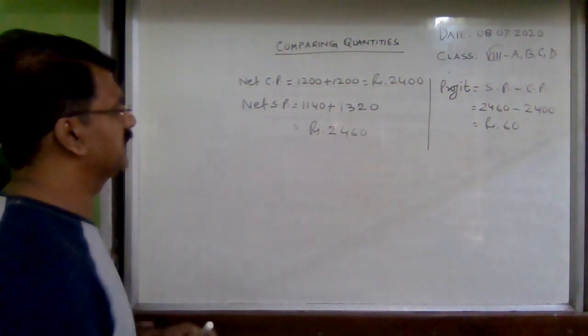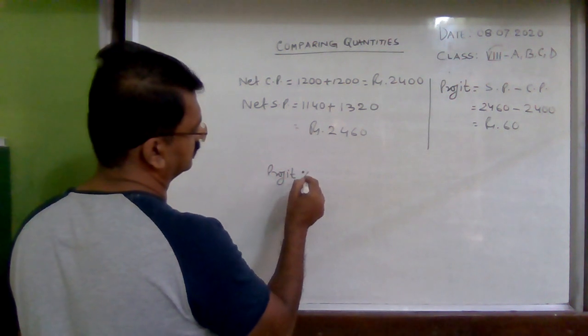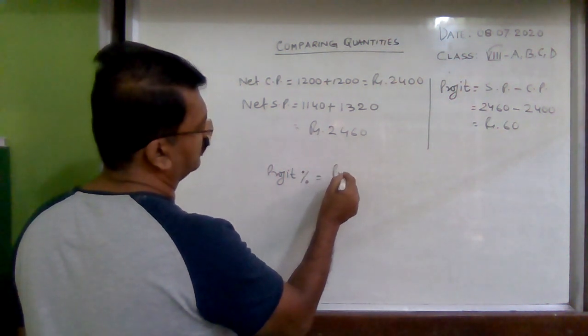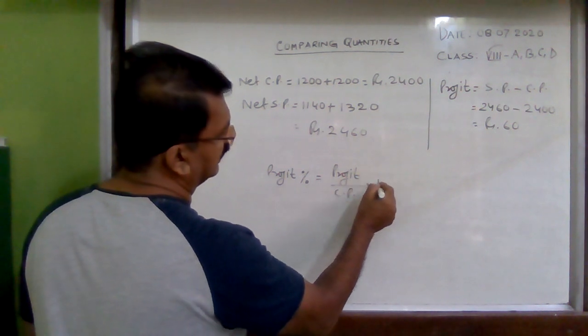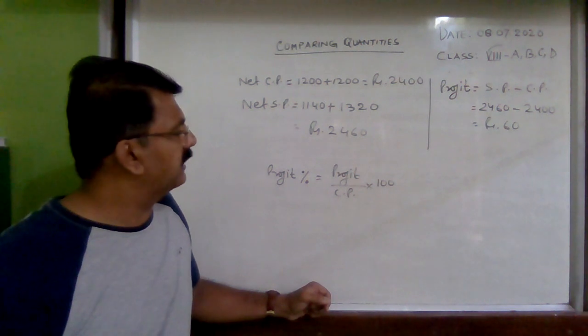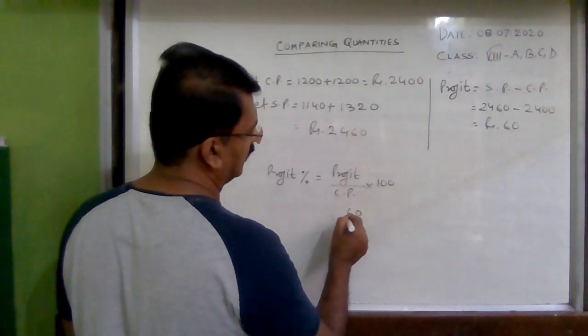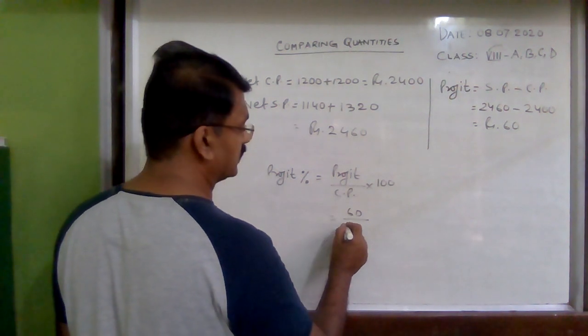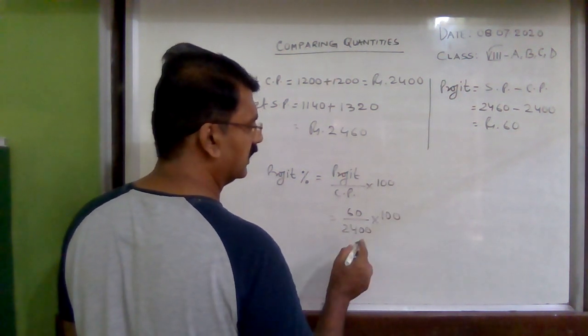the profit percent. Profit percent is profit upon CP into 100, which is 60 upon CP is 2400 into 100.